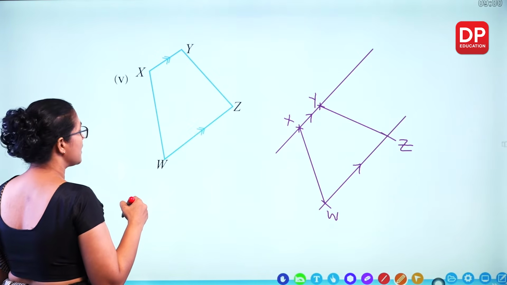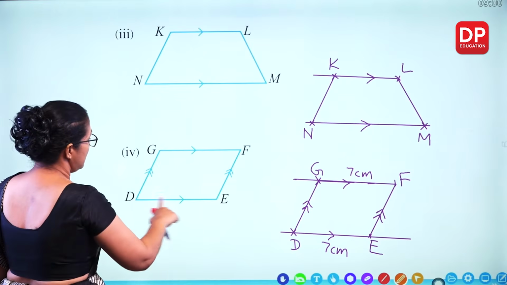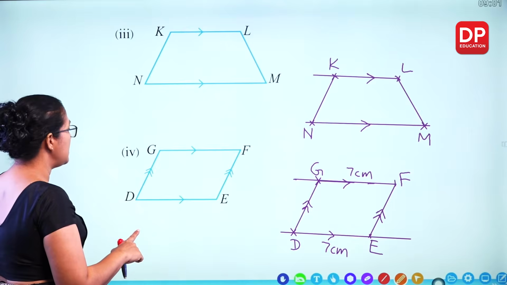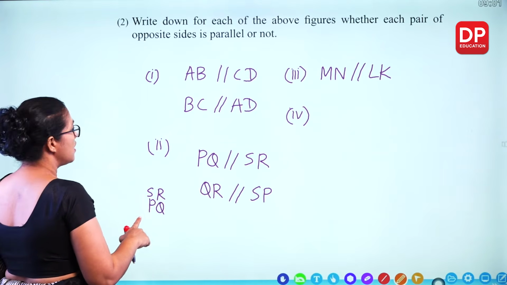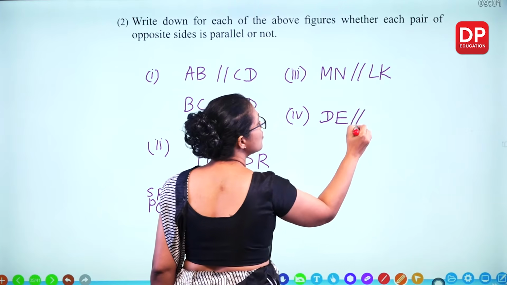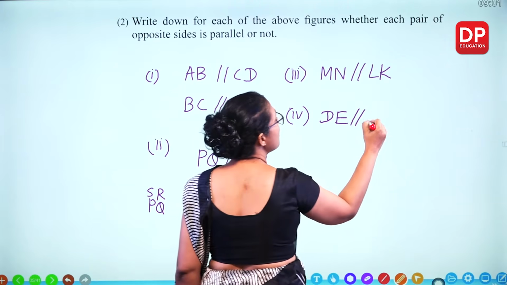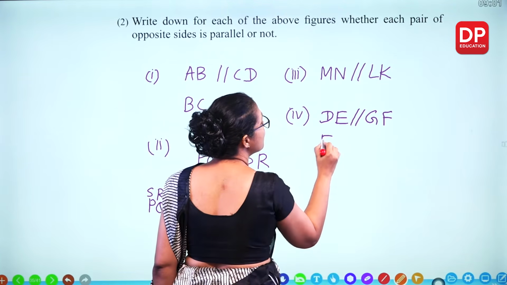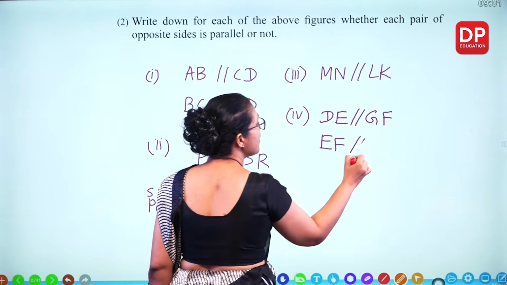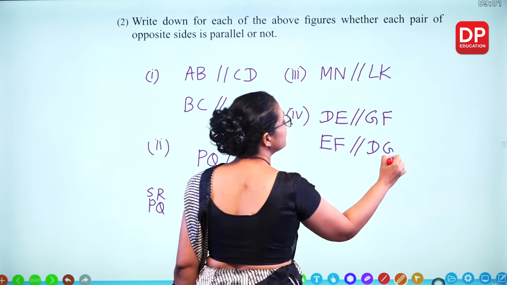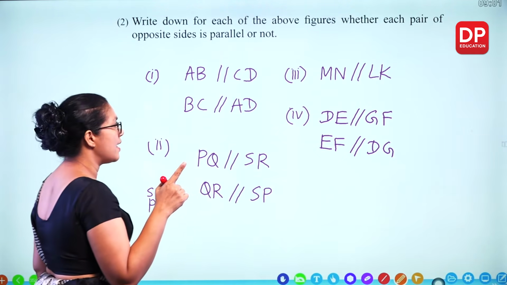Parallelogram, what are the sides? DEFG. So DE is parallel to GF. EF is parallel to DG. So opposite sides are parallel there.